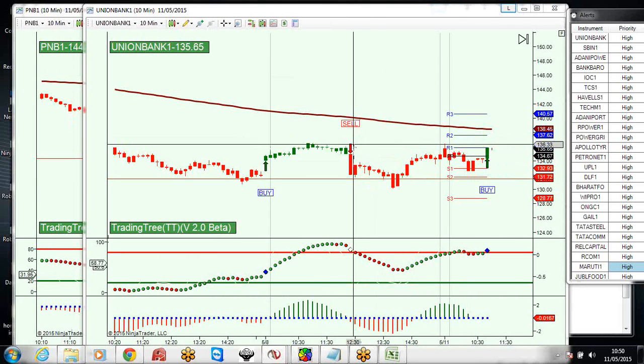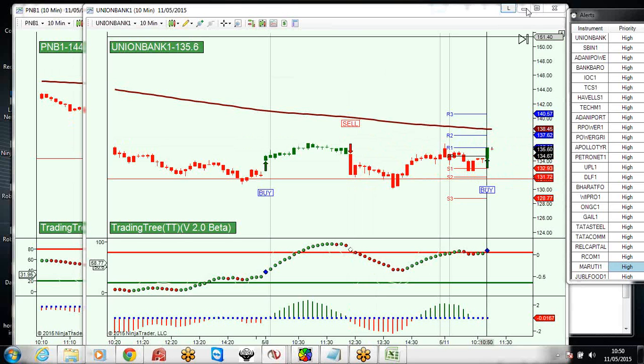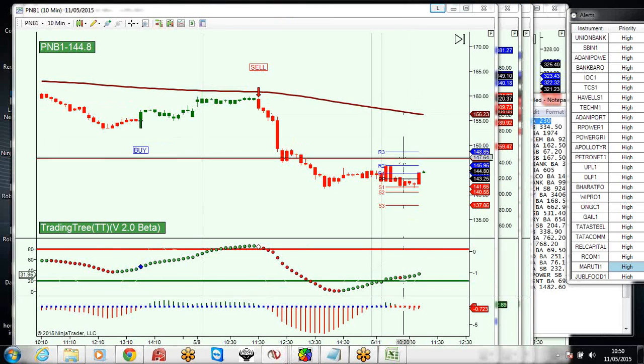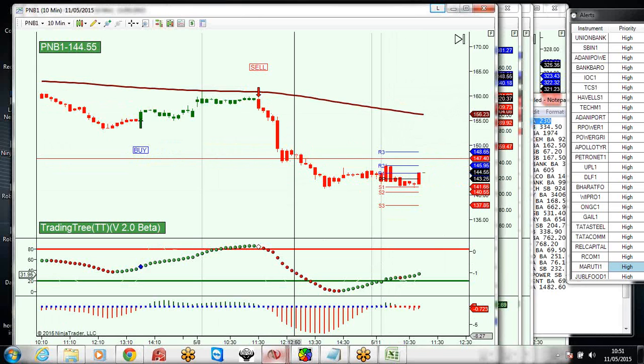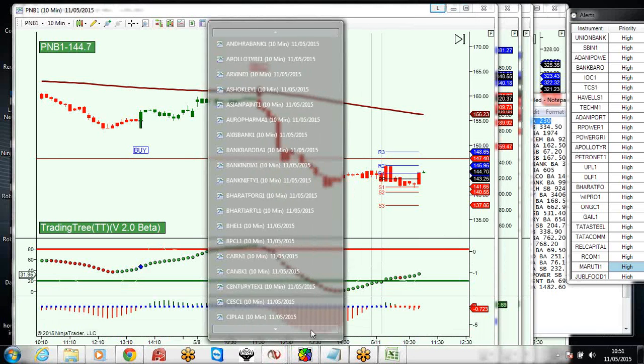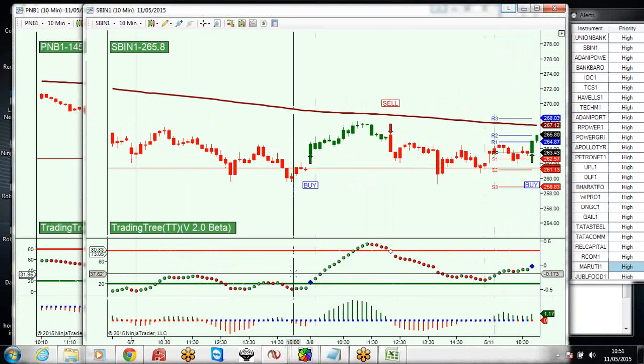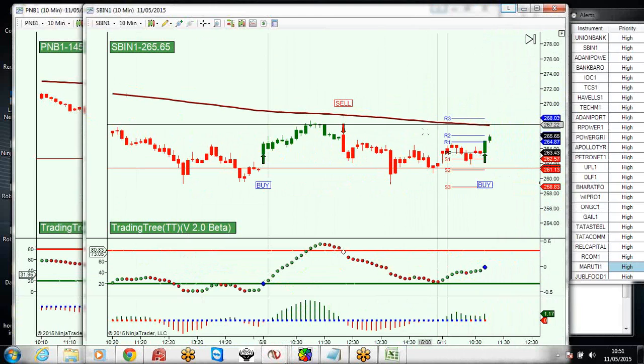So Union Bank you can buy above 136.40. PNB we are ready to get the buy call. It's already up. We can buy at this level.